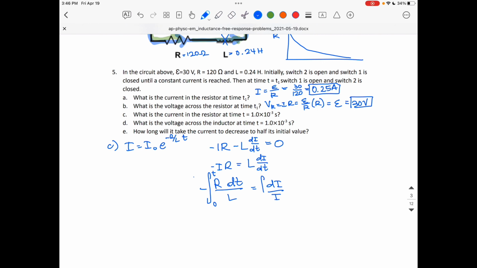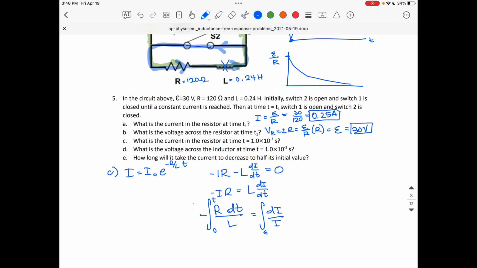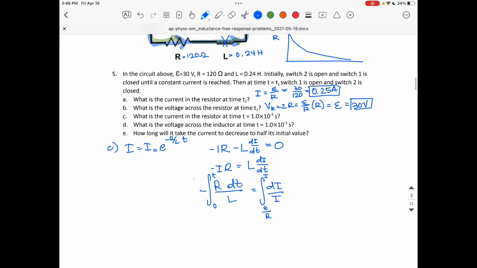And then for dI, we're going from our initial current, which is EMF over R, to some arbitrary current. So we end up with negative R over L times t.